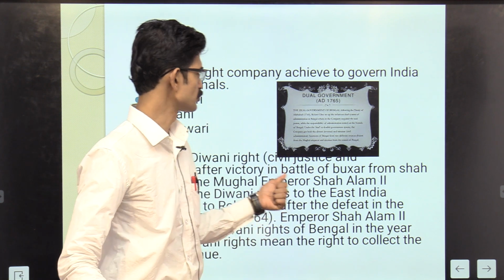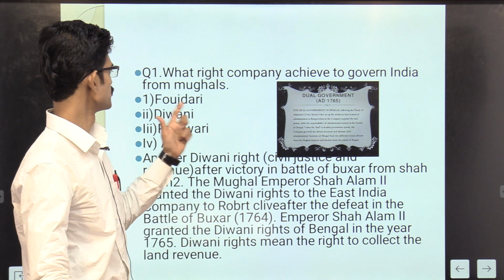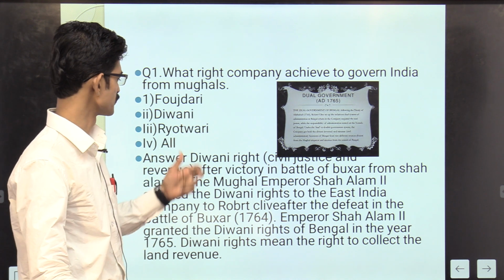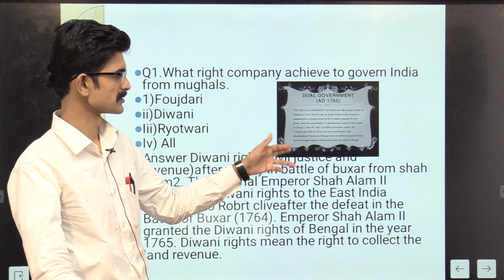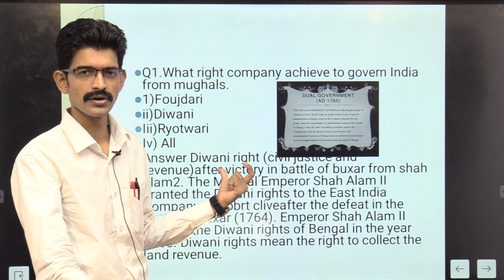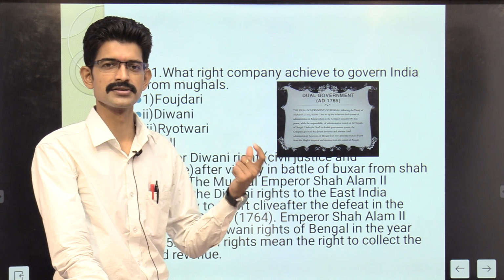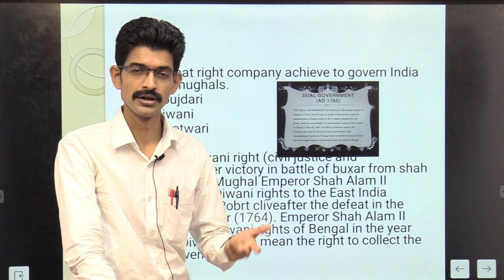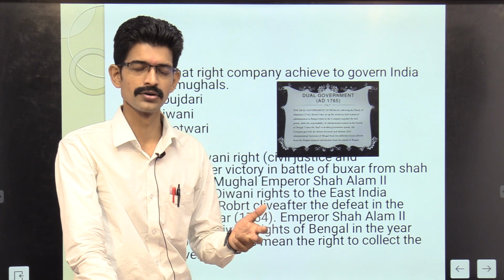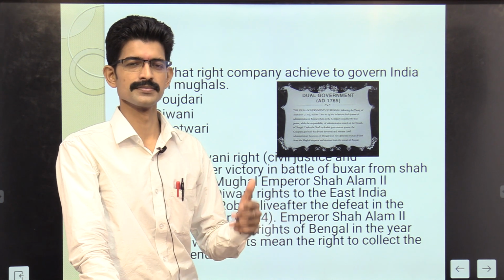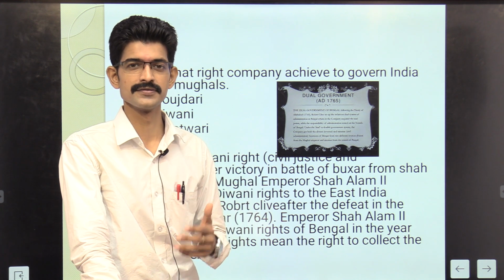So in this question the second option is the correct option, that is the Diwani right, that is civil justice as well as revenue right, which was achieved after the Battle of Buxar, in which Shah Alam II was defeated by Lord Clive's army.